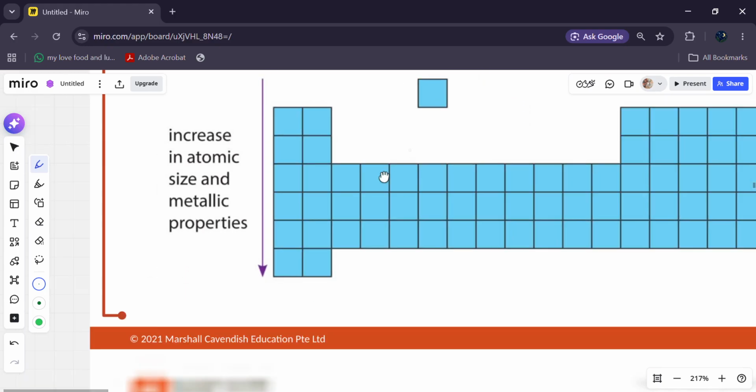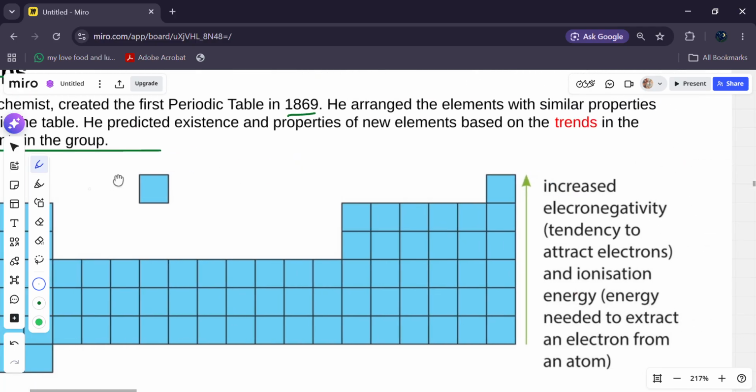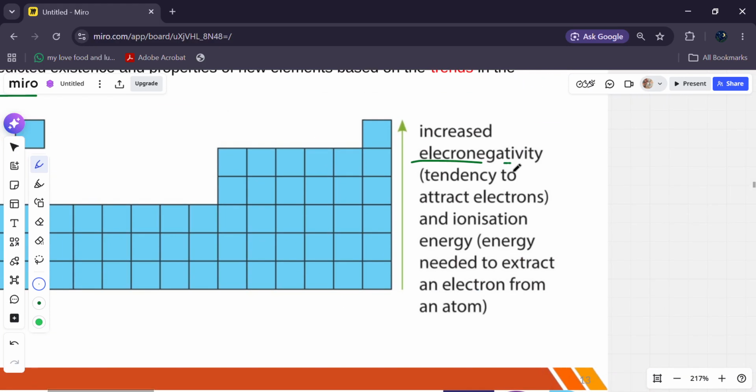That is how he knew. So there is an increase in atomic size and metallic properties as you go down, and as you go up, an increase in electronegativity, the tendency to attract electrons, and ionization energy, the energy needed to remove an electron.